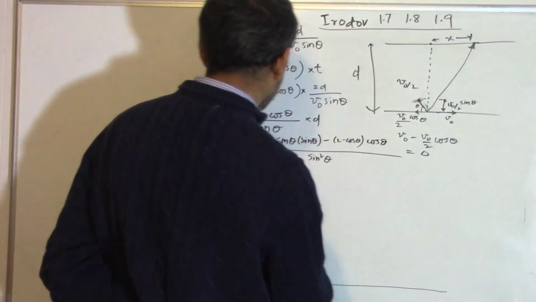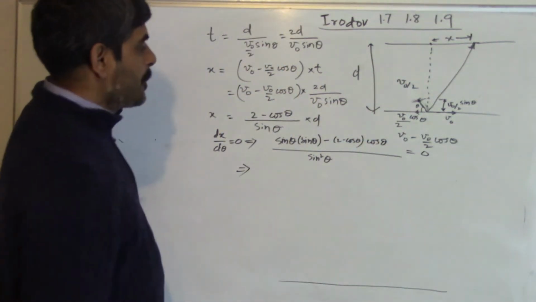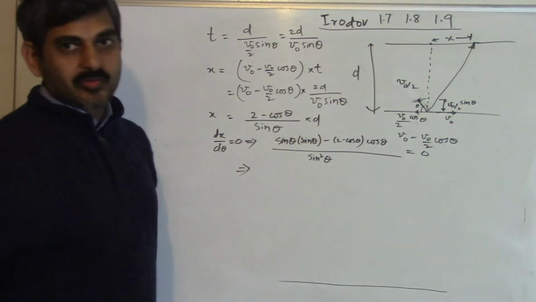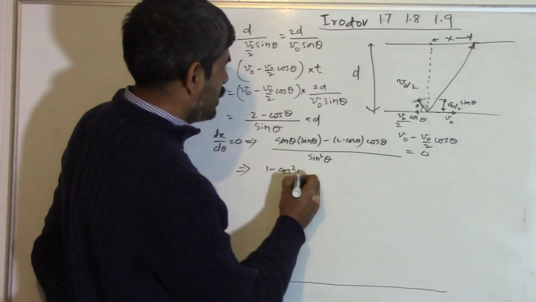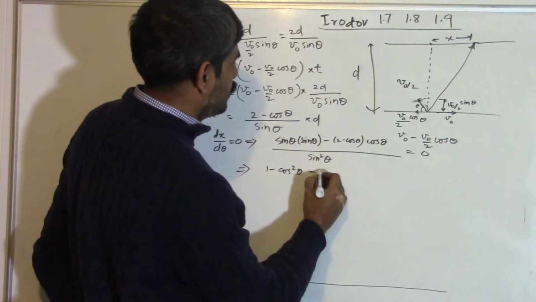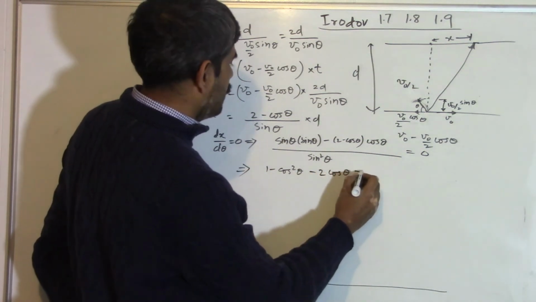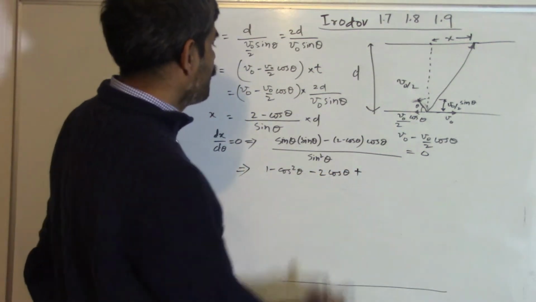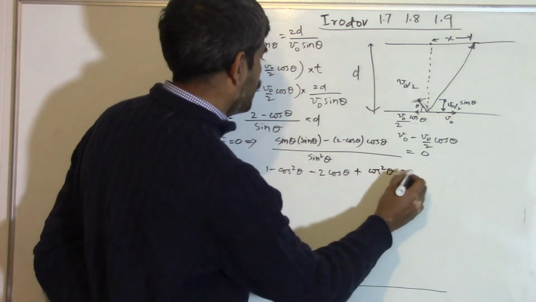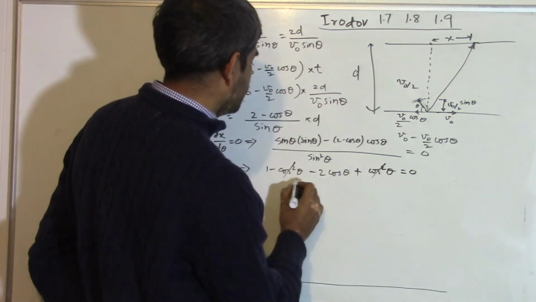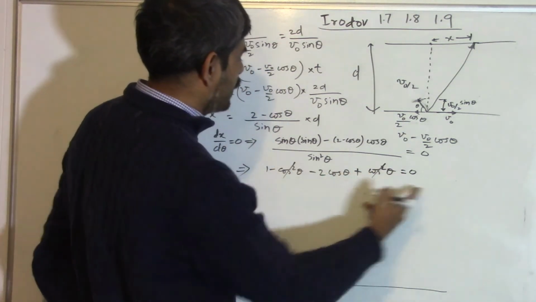This must be equal to 0, which means sin square theta, I will convert everything into cos theta. 1 minus cos square theta minus 2 cos theta plus cos square theta is equal to 0. This cancels. We have 1 minus 2 cos theta is equal to 0.